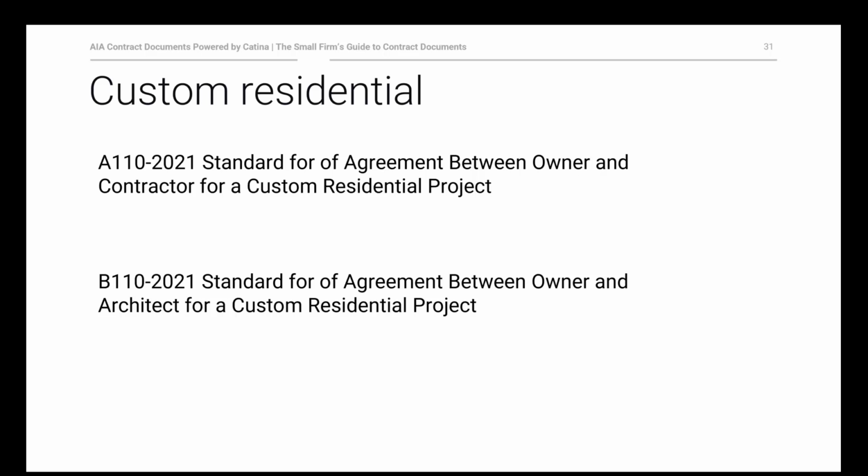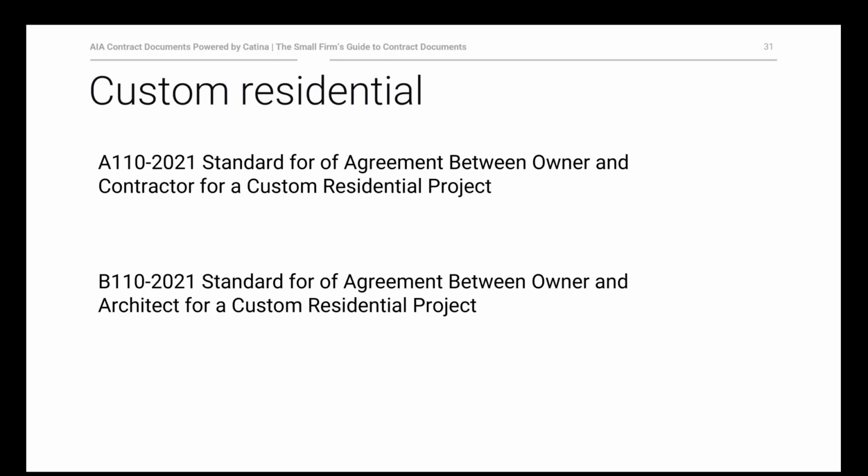The A110 is built largely on the chassis of the A104 agreement, but there are modifications and additional terms in there that are targeted specifically for the custom residential world.